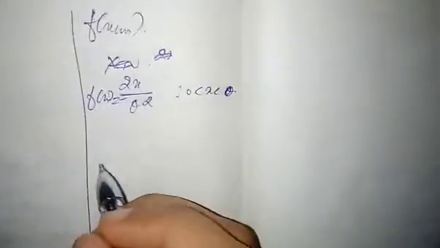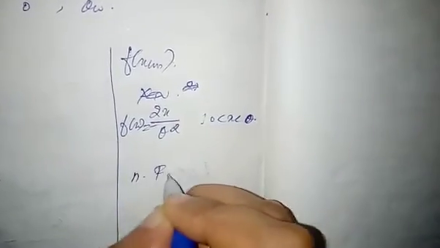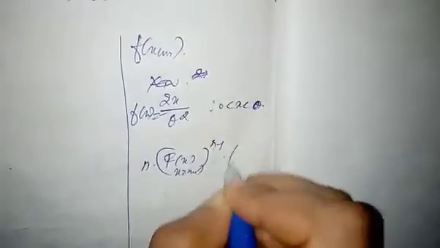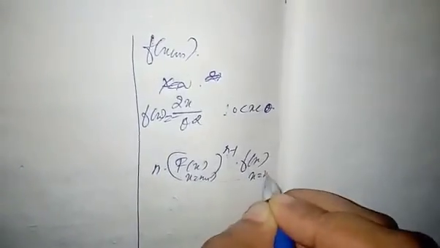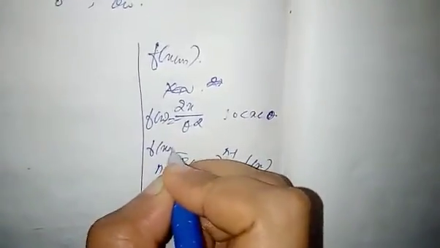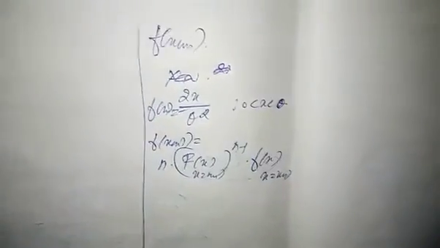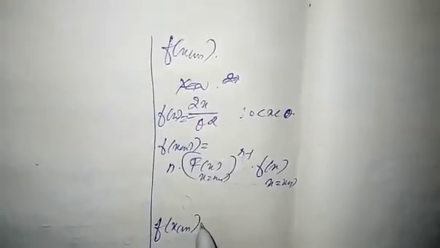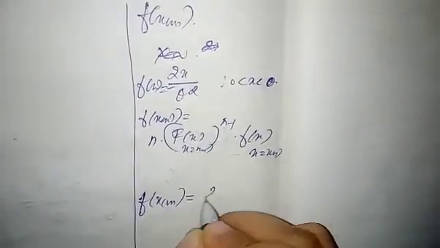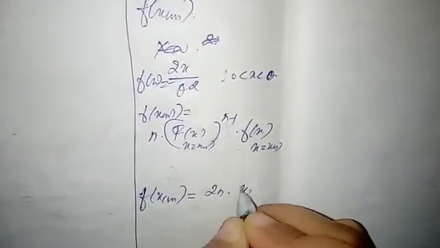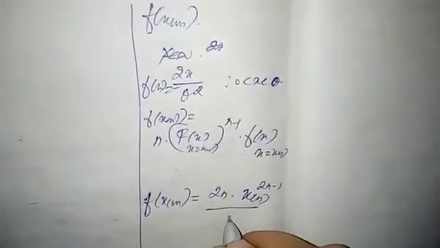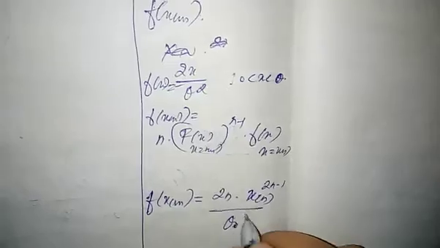So we want to obtain the density of the nth order statistic. That is n times F(x) power n minus 1 times f(x), which gives f of xn equal to 2n xn power 2n minus 1 divided by theta power 2n.